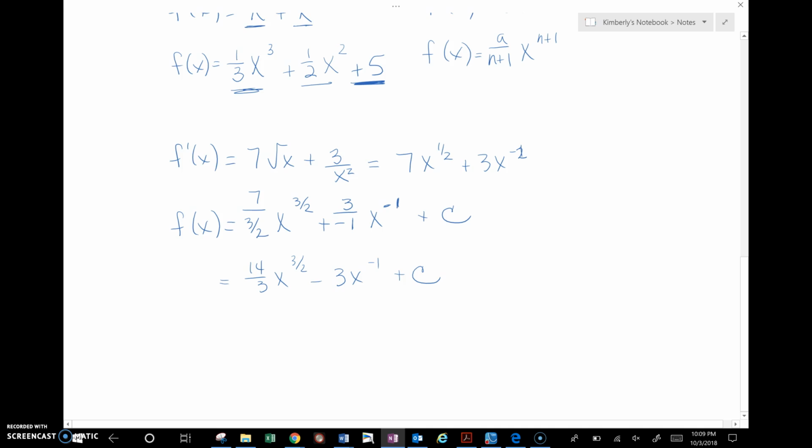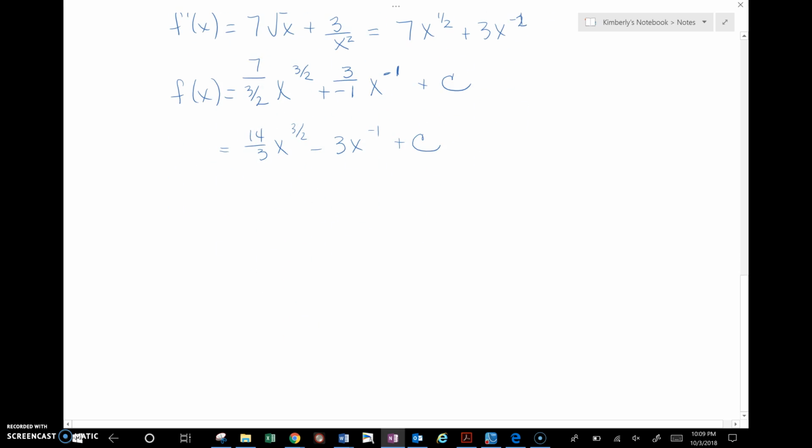Okay, that's pretty much the nuts and bolts of going backwards, of taking a function that is the derivative of something and going back to the original function. We'll take the trig a little bit at a time. I hope that you have all memorized that the derivative of sine is cosine, and the derivative of cosine is negative sine.